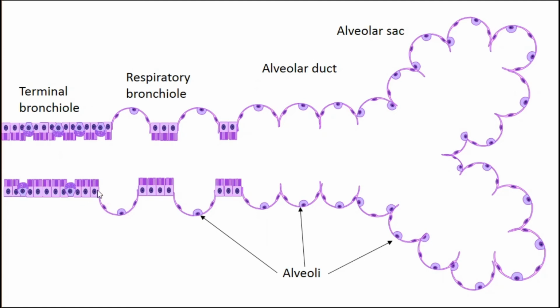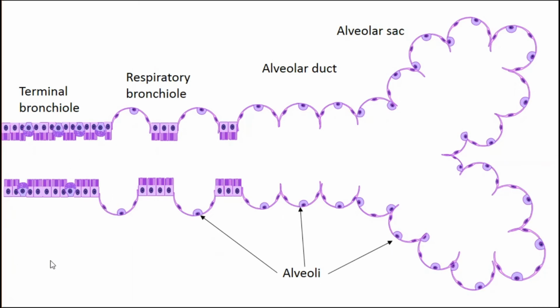So here we can see cuboidal ciliated epithelium, and it's interrupted by simple squamous, and again cuboidal ciliated, again simple squamous. So alveoli are inserted in the wall of the terminal bronchiole, and this bronchiole we call a respiratory bronchiole, which provides respiration, which provides gas exchange, because alveoli appear here.